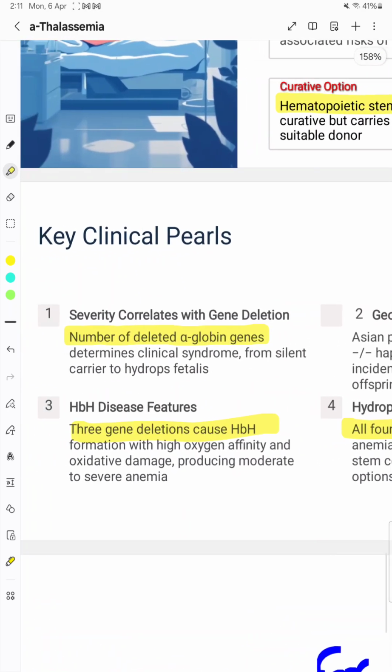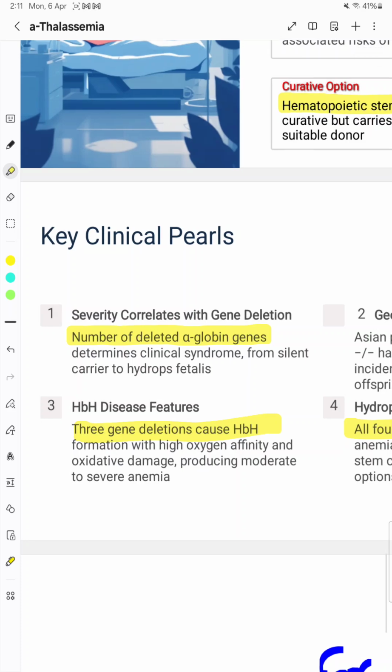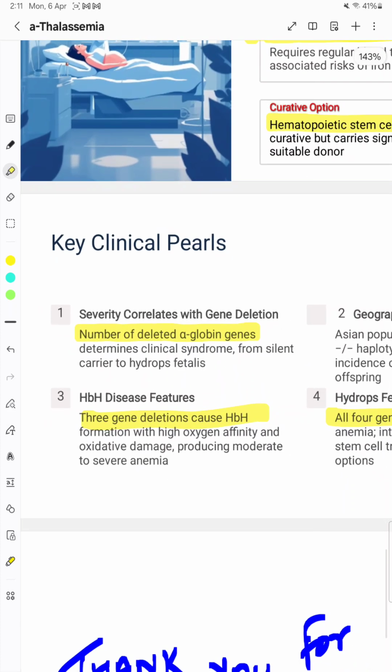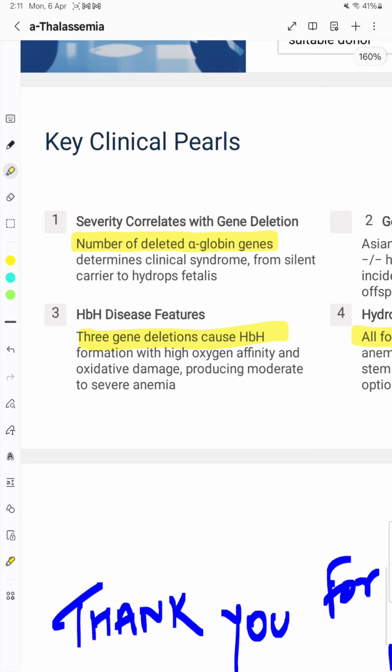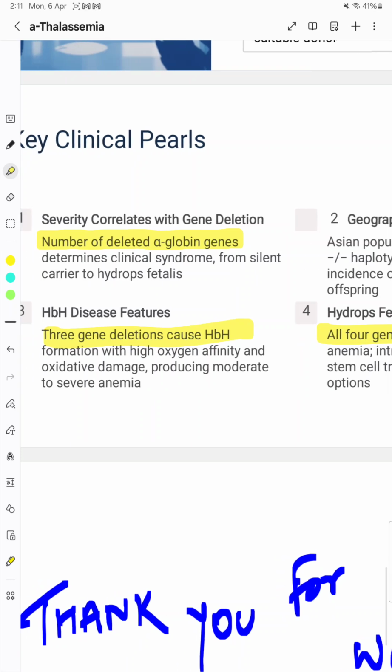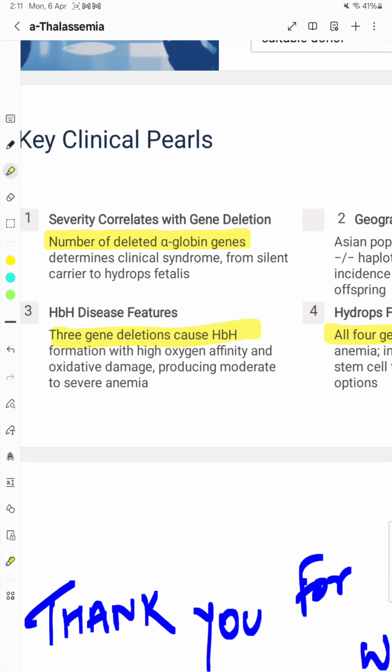Key features of alpha thalassemia, as we have discussed: severity of symptoms is directly related to the number of alpha globin genes deleted. HbH disease, when 3 alpha globin genes are deleted, is similar to beta thalassemia intermedia.